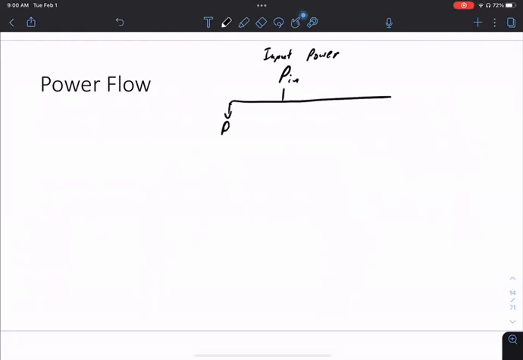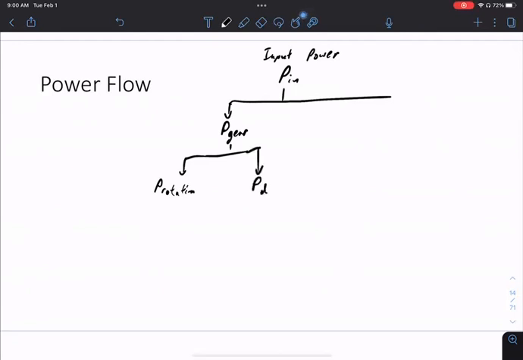So this has two parts. There is a P gear, the gearbox part. There's some rotational loss in the gearbox. That power doesn't get to the grid. That's the power that's lost.